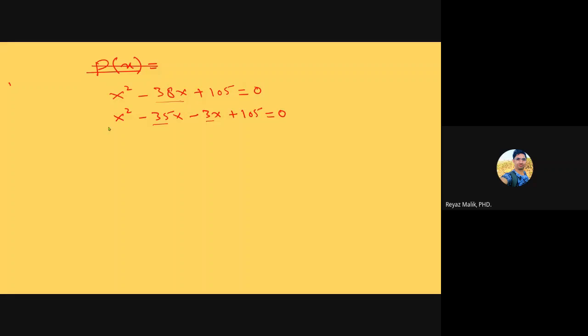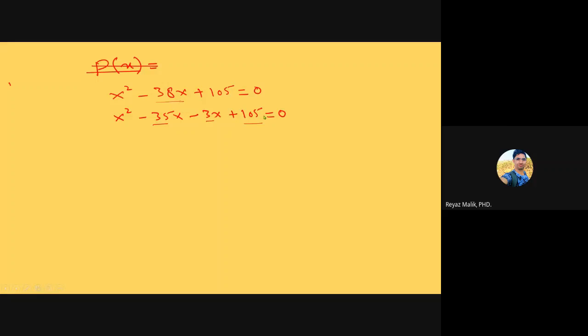But remember the rule: when we break this middle term 38, its multiplication should be this number, and x square should come on both sides. The number should be 35 into 3, which I showed you in the last classes also, exactly 105.